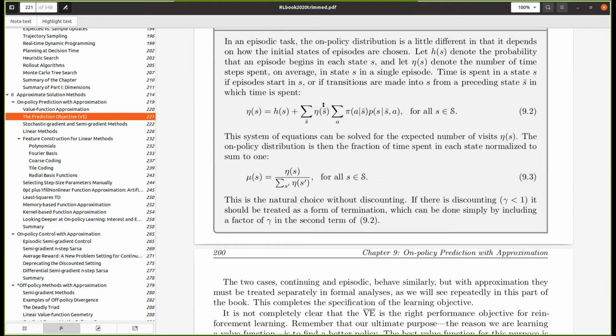Yeah, and here basically you can see how many times we end up being in some state S, and the distribution is just a normalized value for each state. How many times is this state encountered, right?